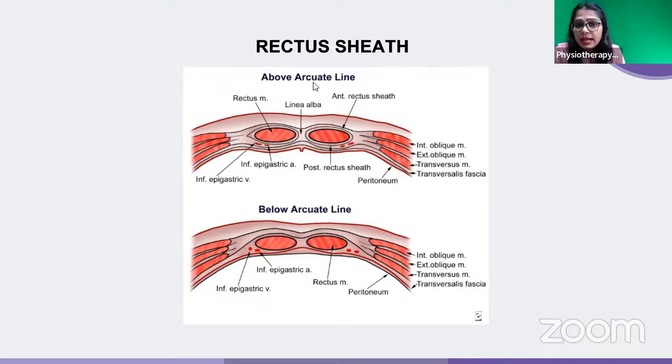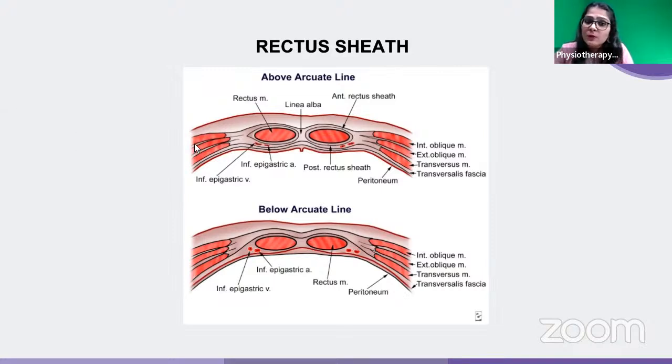So this is the anterior part and this is the posterior part, right? This rectus sheath has covered the rectus muscle inside it. So we have a pair of rectus abdominis muscles, right? Anterior to these, there is the anterior rectus sheath, which is formed by three muscles: your internal oblique, external oblique, and transversus muscle. These three muscles are the important core muscles.